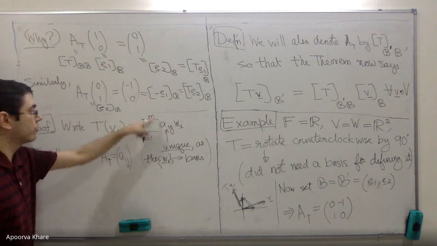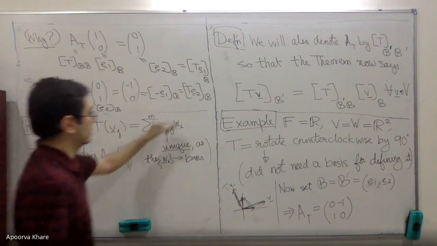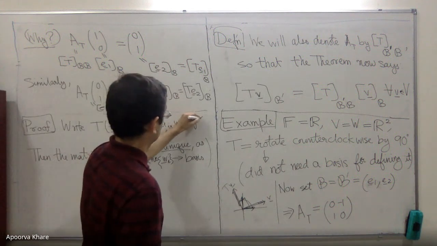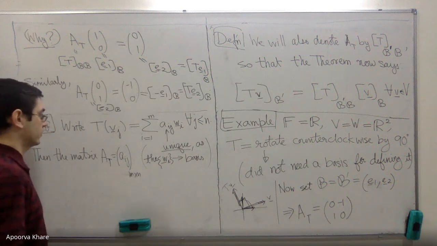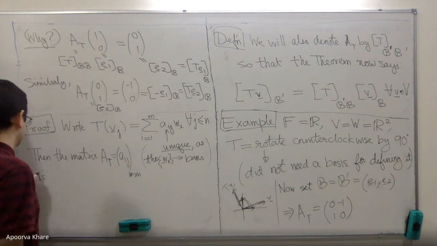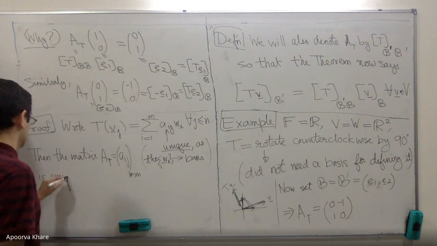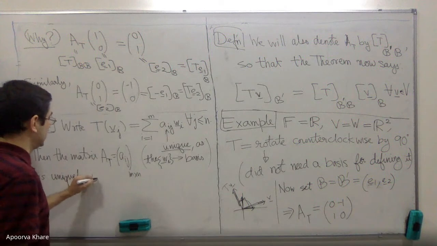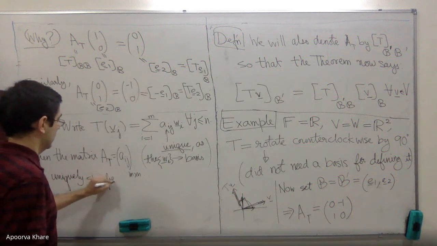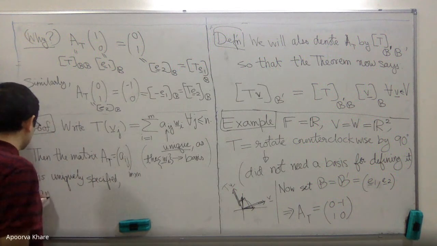The i's go from 1 to m, the j's go from 1 to n. And so this is indeed m cross n, uniquely defined. It is uniquely specified. And it satisfies what? Let us say.